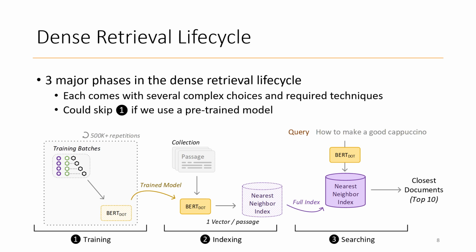And this single vector is now matched in the nearest neighbor index against all other vectors to find the, let's say, top 10 or top 1000 closest vectors to that query vector, which then get mapped back to the document ID, and we can provide the search interface based on that.